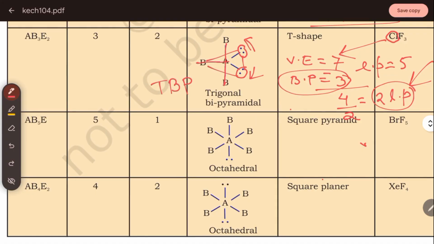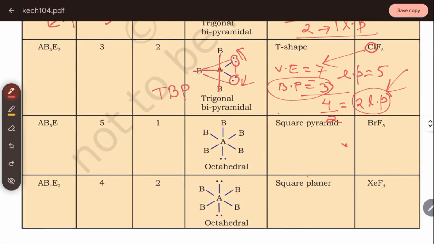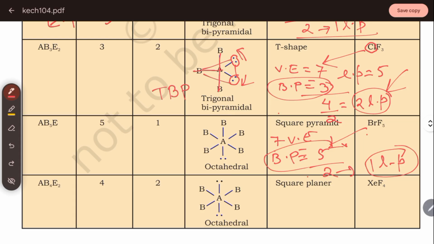Now here it is BrF5, bromine. Same case again. Here bromine has what? Bromine has 7 valence electrons. How many bond pairs are there? Bond pairs equal 5. So 7 minus 5 is 2 electrons left, so I can have only one lone pair. 2 electrons will form one lone pair. So it has one lone pair and 5 bond pairs.